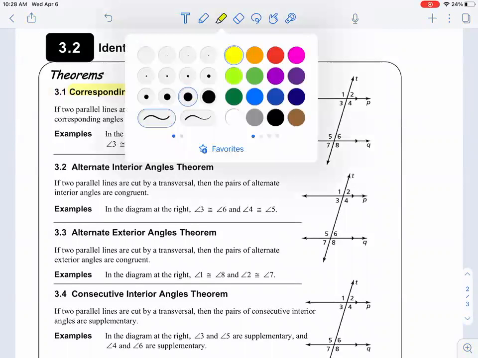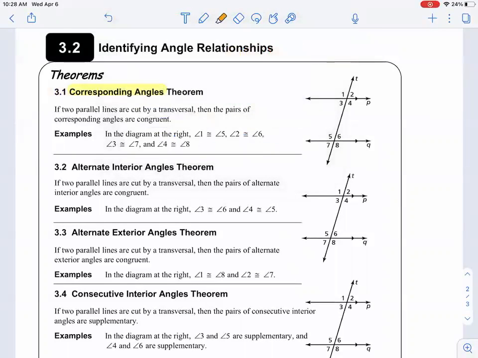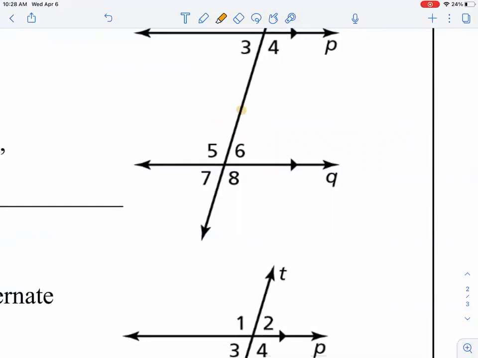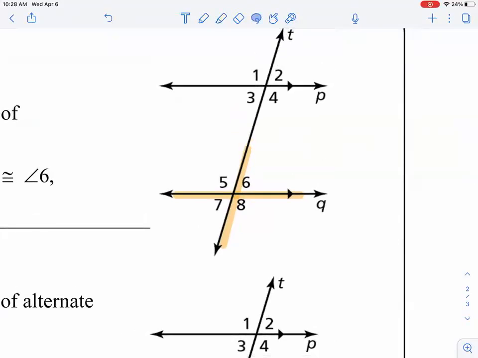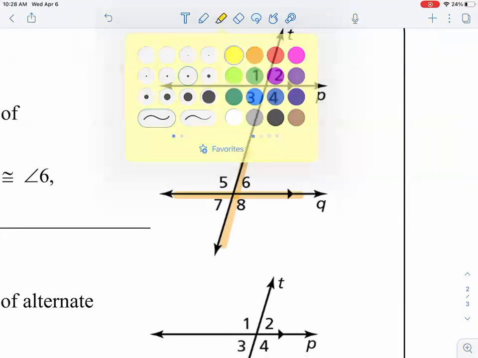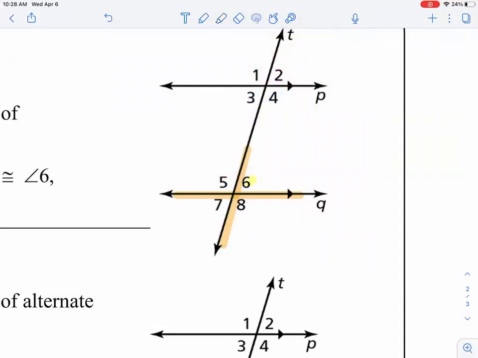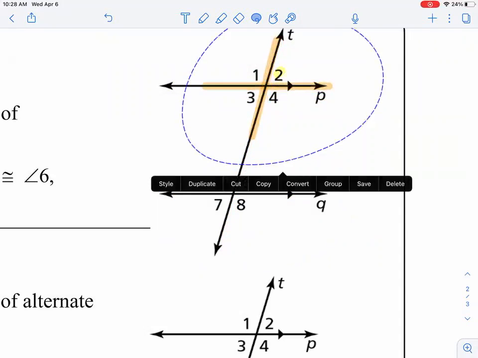For example, we have a crisscross here, okay? And in that crisscross, something like angle 6 is in the upper right corner. Well, if I take that crisscross and I slide it up to here, angle 6 corresponds to angle 2. Okay, they're in the same spot.